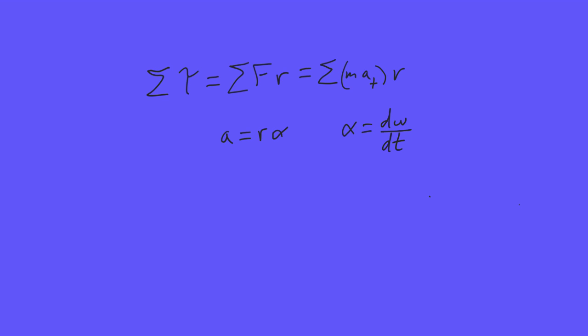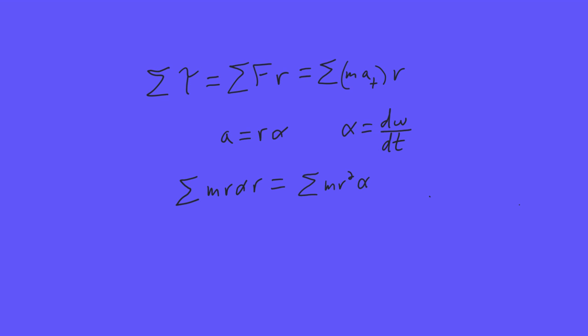So plugging this into our equation, we get mass times the radius times alpha times radius. We can clean this up just a little bit to have the sum of the mass times the radii squared times alpha.